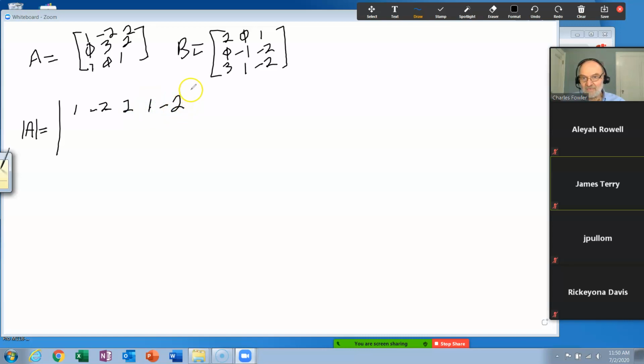Just expanding the first 2 columns. Now I'm going to put the determinant bars there, even though I know technically we're doing a determinant, but not of a 3 by 5. We're just writing it in that form. 0, 3, 2, 0, 3.